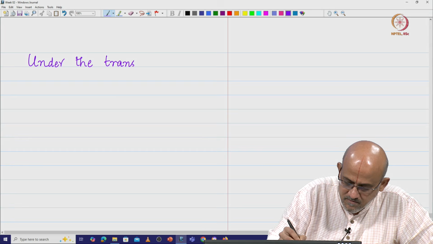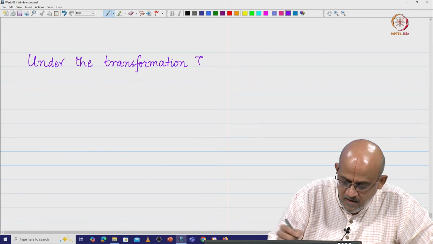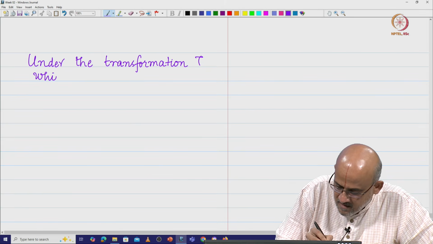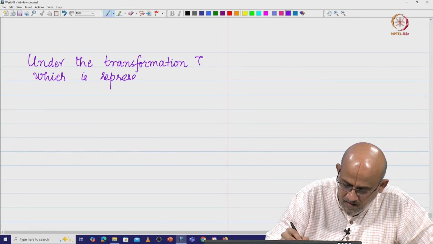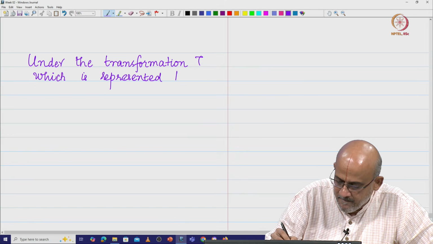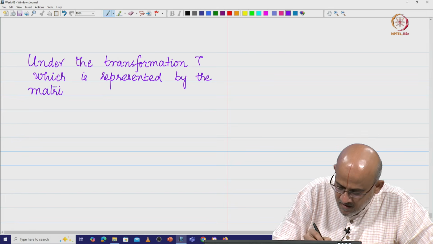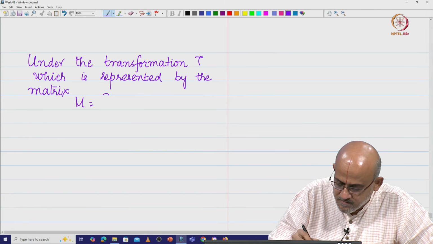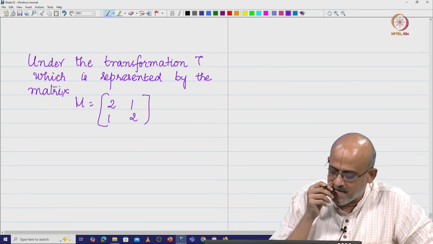Under the transformation T, which is represented by the matrix M equal to [2 1; 1 2], let us see what happens to every vector that I give.